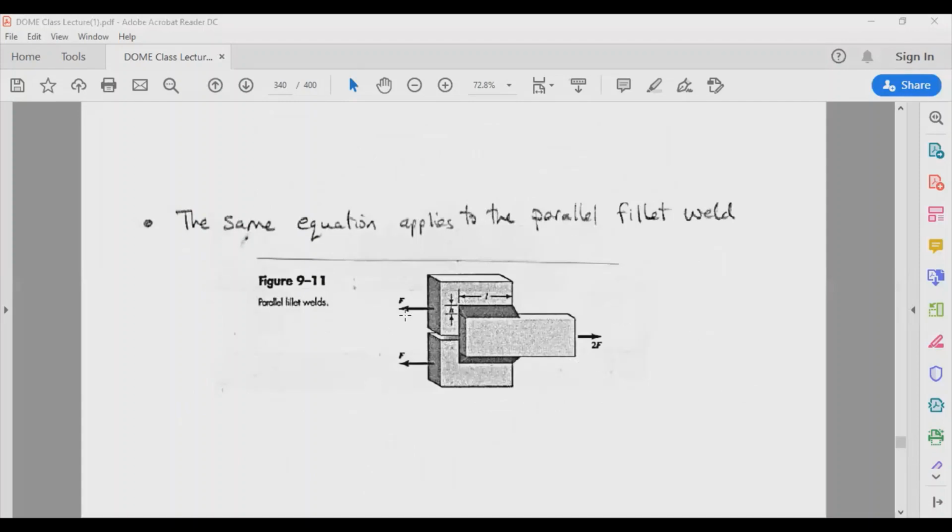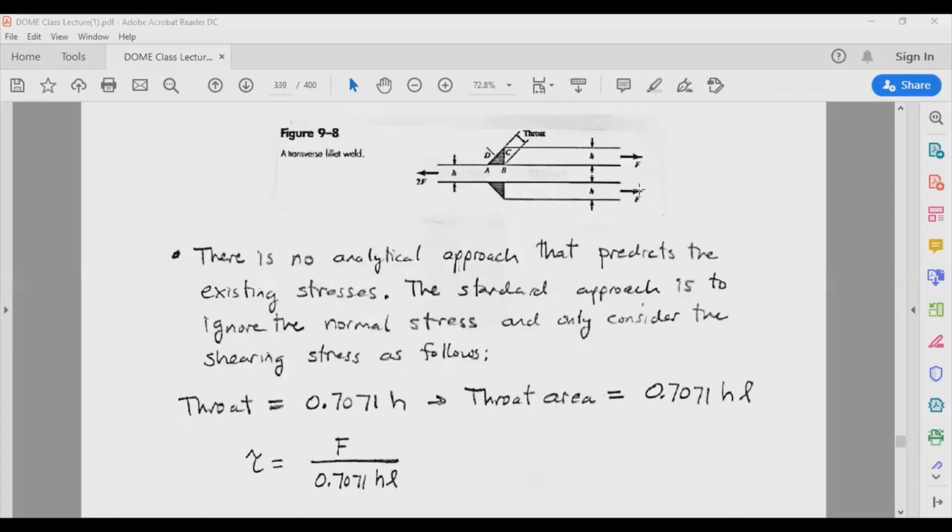And then here it's basically more relevant. Why? Because now the force is actually in line or parallel to that throat area, and in that case, obviously, your shear is going to be equal to F divided by the smallest area in the weld, which is again here H times cosine 45 multiplied by L. All right, so you can see here it's applying to basically pure shear force, and again here this is also a pure shear force, right?